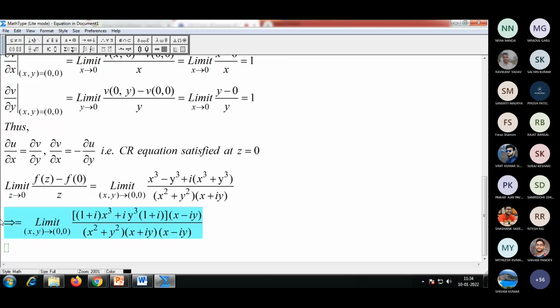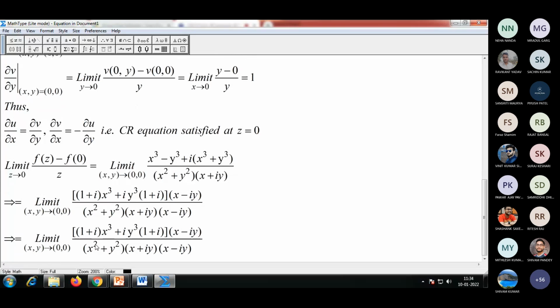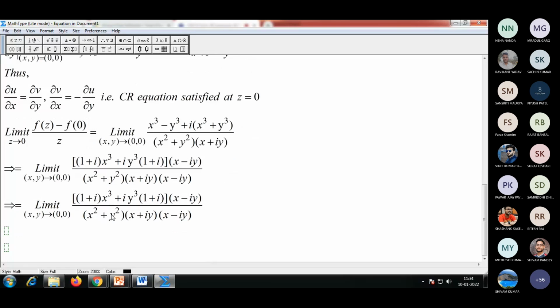So this implies 1 plus i term may be taken common outside, so it becomes x to the power 3 plus y to the power 3, and then x minus iy, in the denominator x plus iy and x minus iy means x square plus y square.